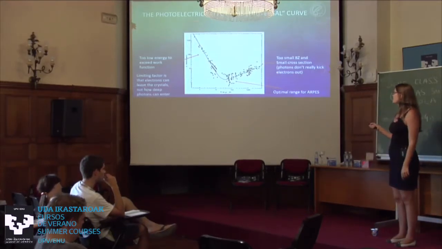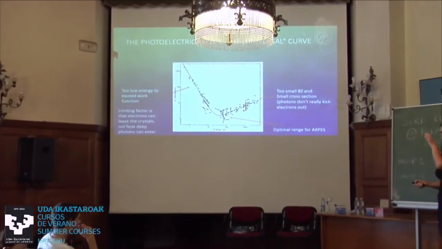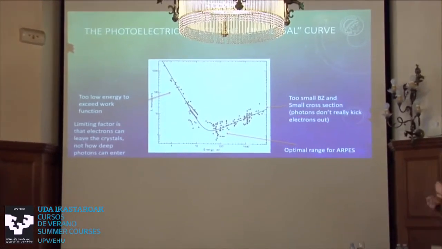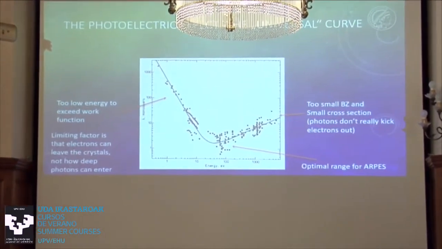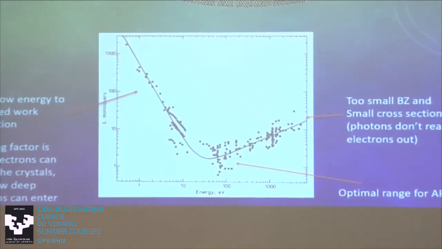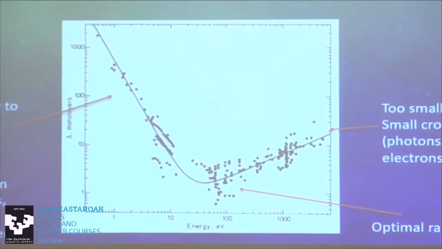And so it looks like if you use very low photon energies that you can penetrate into the bulk of the material. The problem is, yes, photon gets in, but then the energy is too weak to actually kick out an electron. So you won't have the photoelectric effect, so you can't really use these low photon energies for ARPES experiments. So your limiting factor is really not if your photons can get into the crystals, but if the electrons get out.